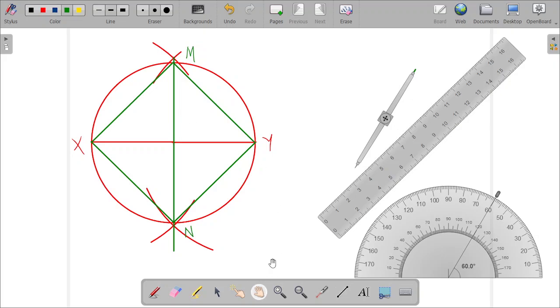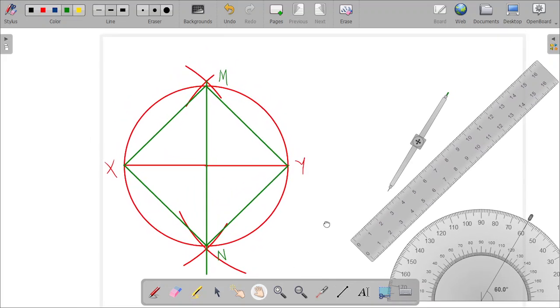Then after doing that, I'm going to take my compass. I'm going to bisect this line XM. So how do I bisect line XM? Now to bisect a line, you just put your compass point on the endpoint of that line.